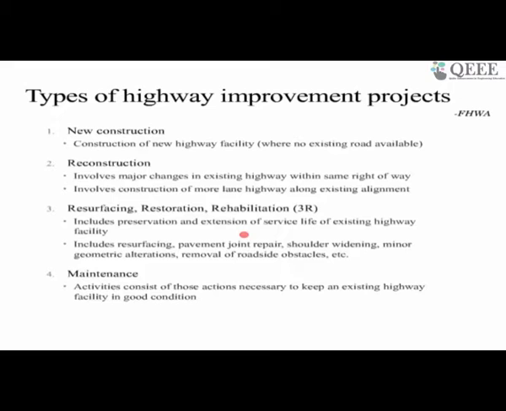And in this process, if there is some minor deficiency, then the other is the maintenance project. So if the deficiencies are there, again the design engineer comes into play and they look into that. The maintenance mostly is just to keep a good road in good condition, and hardly does the design engineer play a role in this unless there is some improvement needed. So these are the various.